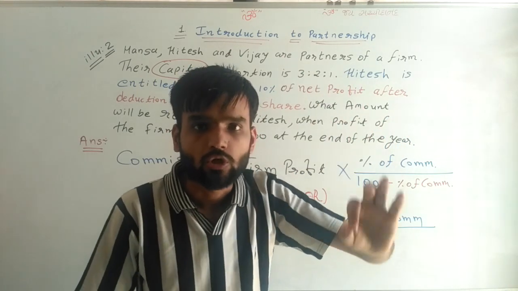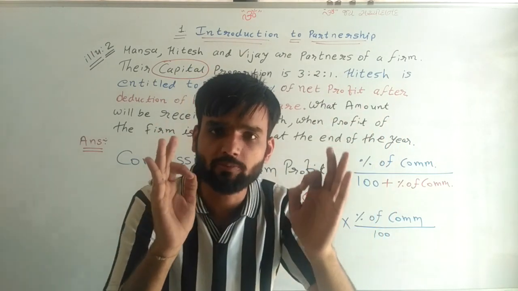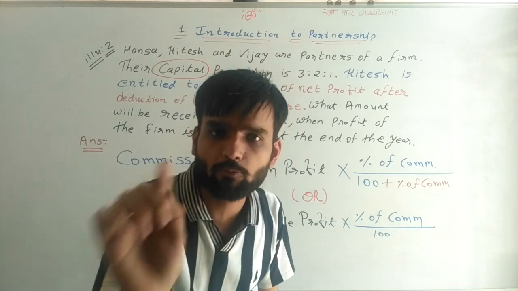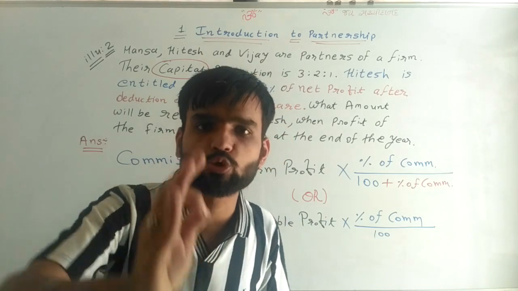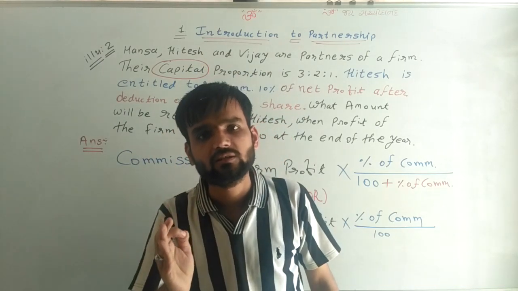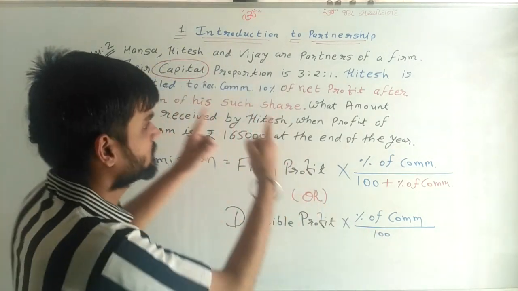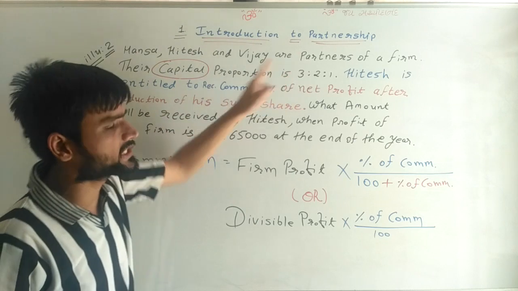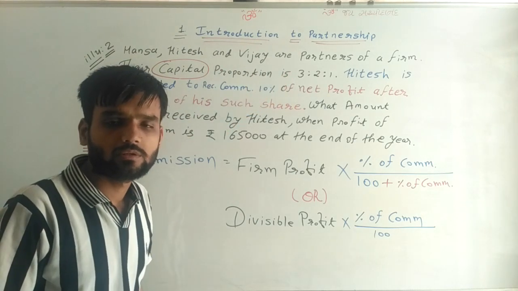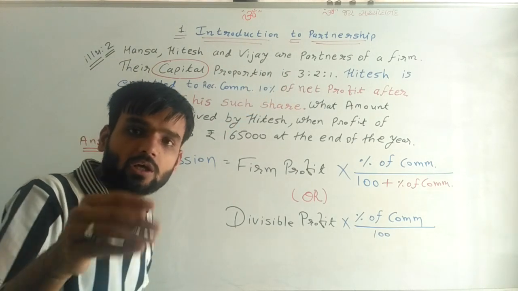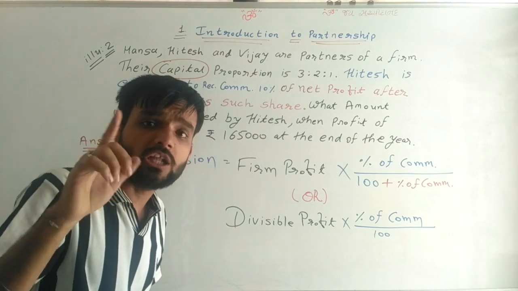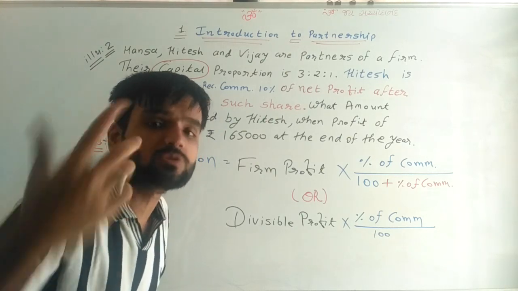If profit and loss proportion is not mentioned in the partnership deed, then equal proportion is taken as the profit and loss proportion. So here capital proportion is given. We need profit and loss proportion.